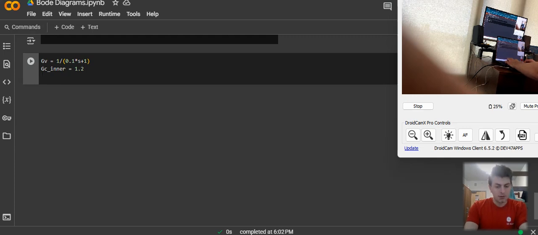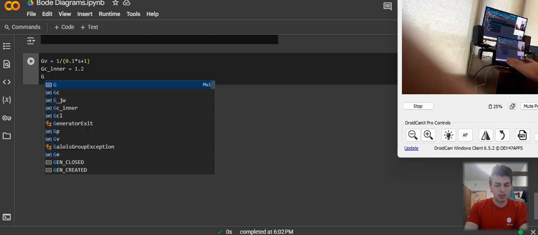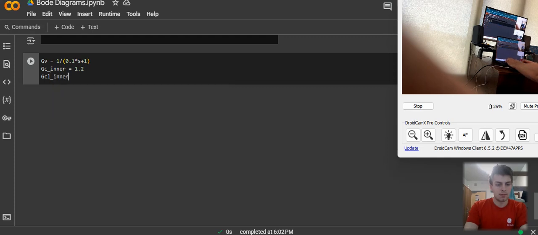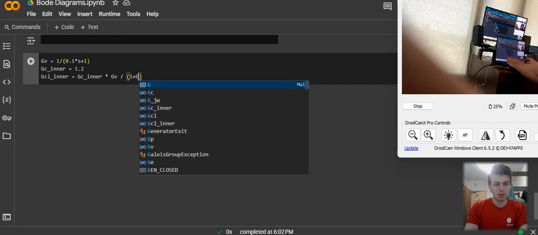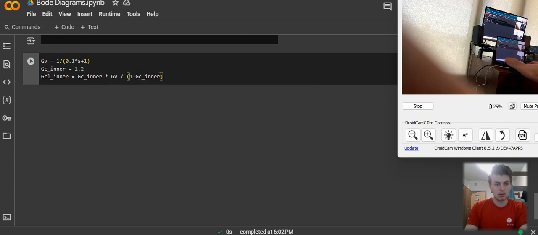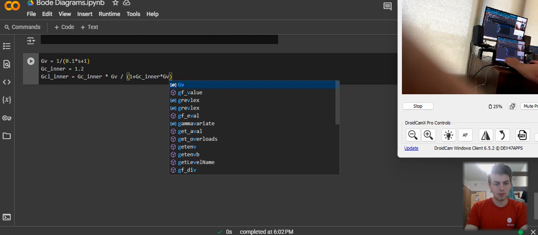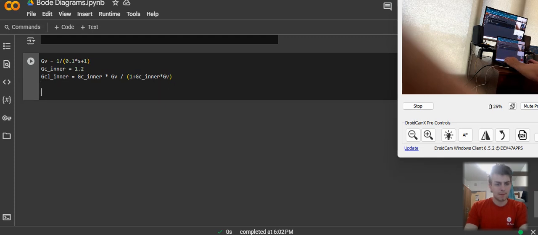So then the G closed loop inner is going to be what? GC inner times GB divided by 1 plus GC inner times GB. Right. That's our inner loop.